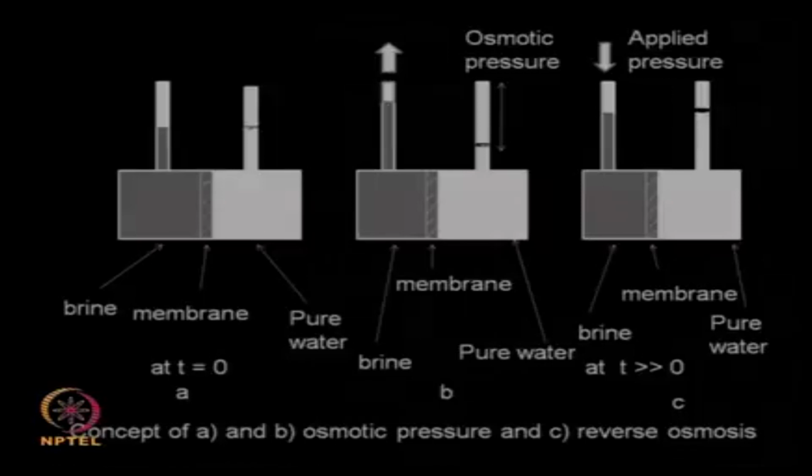So you apply very large pressures, it could be even 100 bars. That is the main bottleneck in RO type of systems, the pressures will be very high. So your membrane system should be able to withstand that, and as time goes the concentration of the brine solution increases so much that you need to discard it and take fresh seawater.